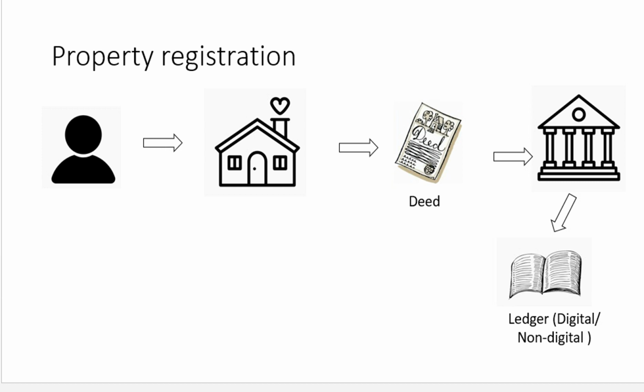Digital means it could be an Excel file or any simple modern database system which stores data, and non-digital means a book in which a government person can record your deed and register your home. The government ledger could be a physical book or a digital file such as Excel in which the government authority registers the ownership.